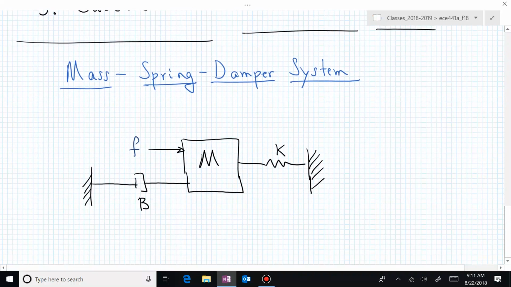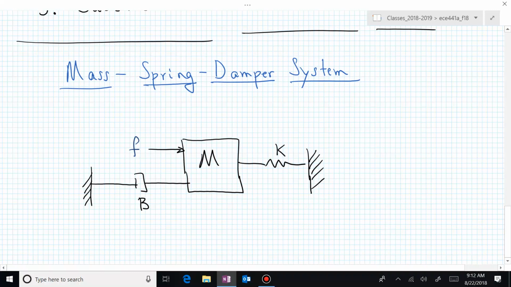Here's the infamous mass-spring-damper system. This is what you need to be very comfortable with for the entire semester. We have a mass, we have a spring, and when you think of a spring, do you think of a shock absorber on a car? You need to decouple that a little bit, because the shock absorber on a car has a spring and a way of damping out the oscillation.